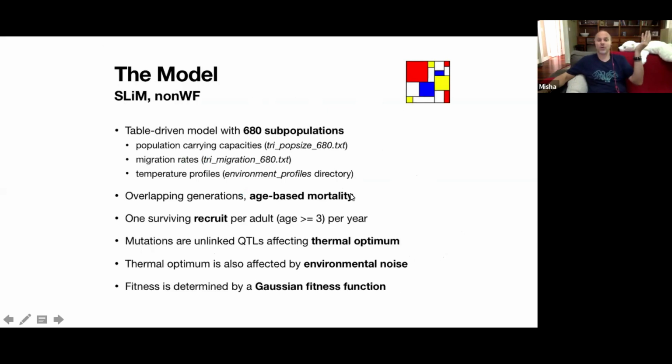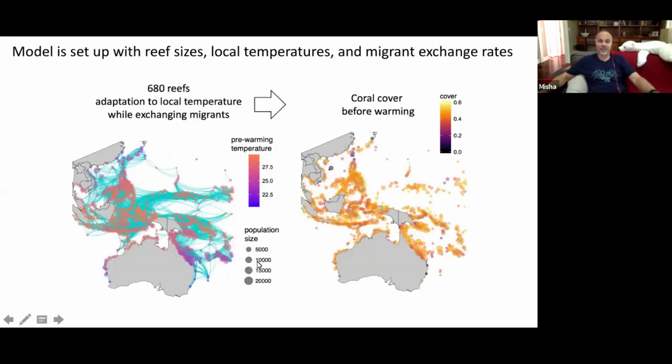The coral becomes adult at 3 years, and they evolve to local conditions using a pretty sophisticated quantitative trait loci genetic model. So glossing over this, please do ask me if you're interested in the end. I would love to talk your head off with this. But basically, this is what it boils down to.